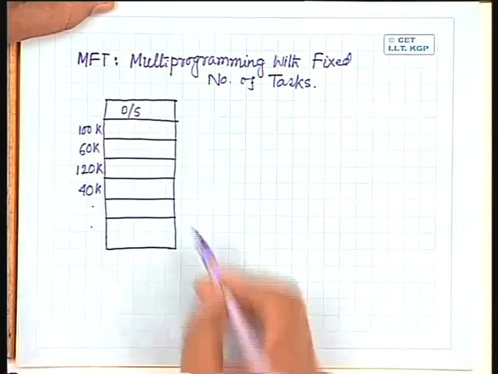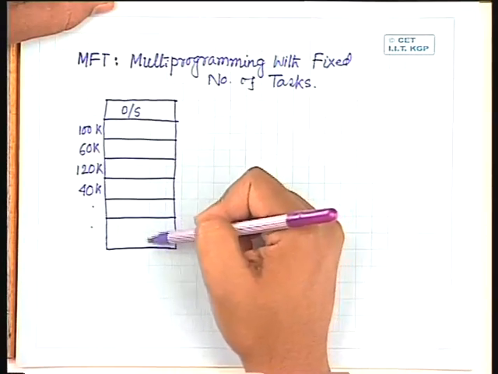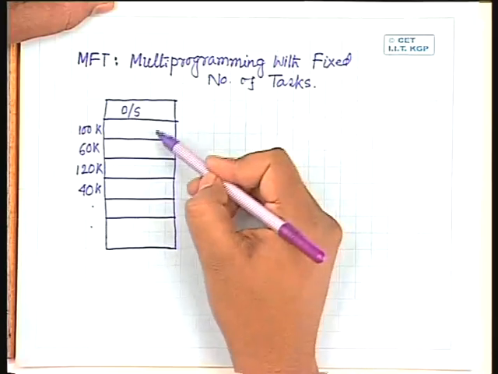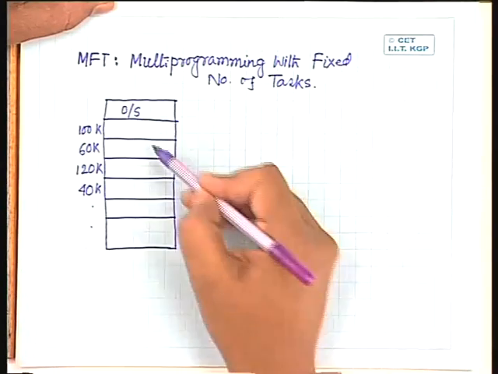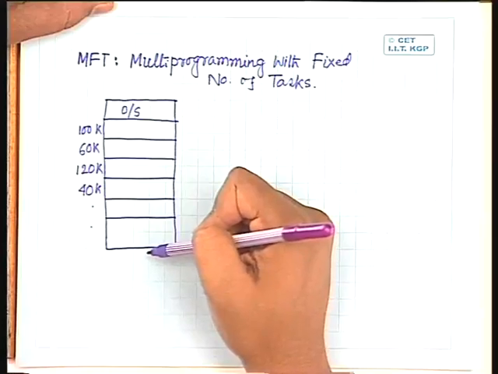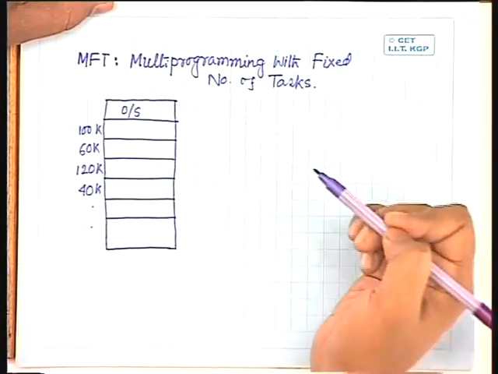Okay. Now obviously, because I have so many partitions in the main memory, and every partition can contain a user process, if there are n number of partitions, n number of different programs can reside in the main memory simultaneously. And because there are n number of programs residing in the main memory, the degree of multiprogramming of the system is n.